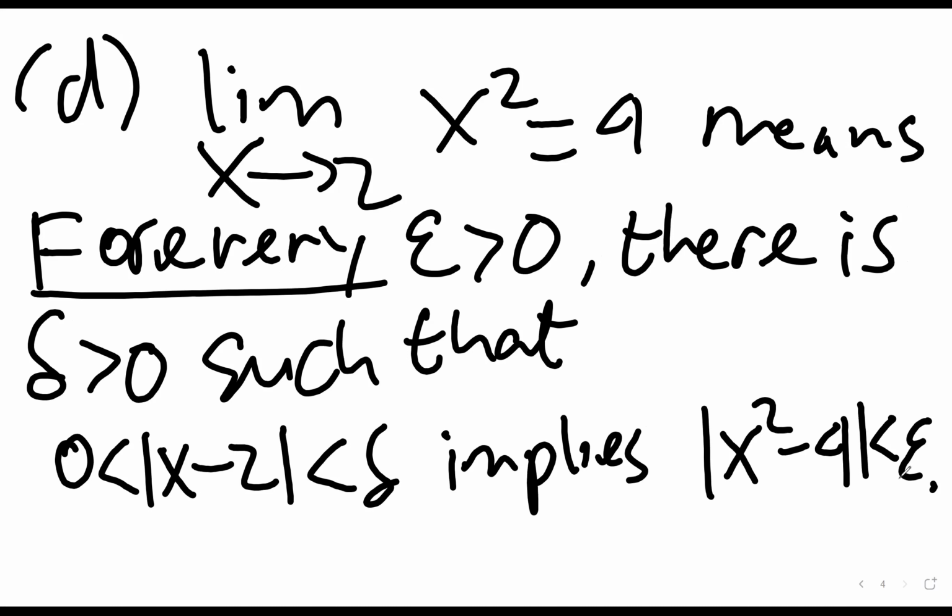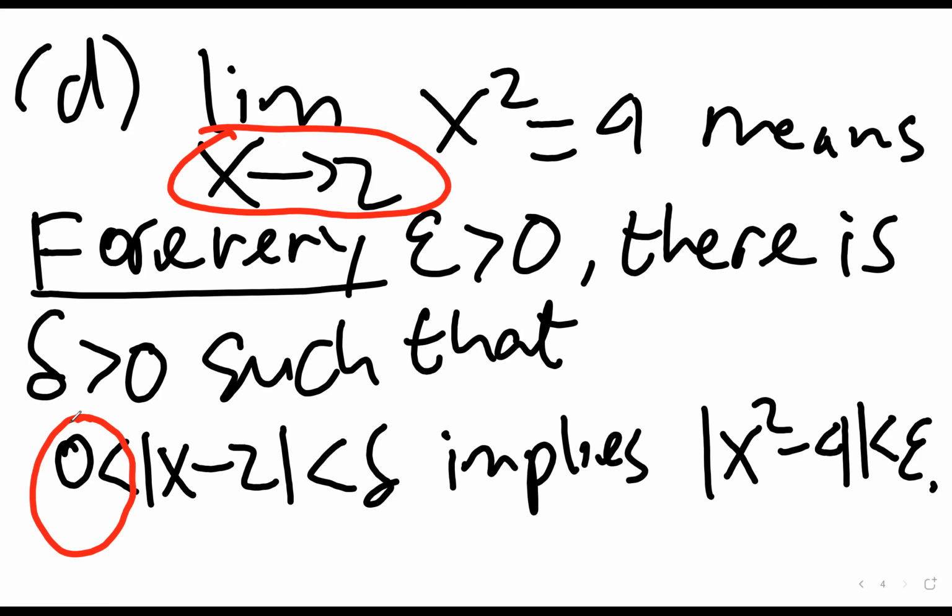Okay. So here we have to be careful. If we consider the limit as x tends to 2, then we should keep in mind that x is not equal to 2. This is important. x is approaching 2, but x is not 2.